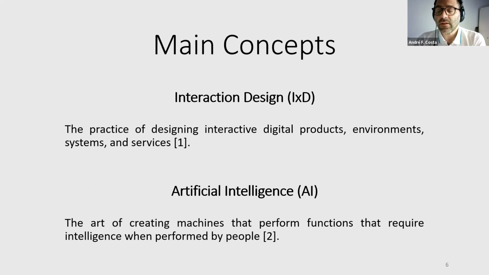As you may know already, we are talking here of two main concepts: interaction design, which is the practice of designing interactive digital products, environments, systems, and services, and of course, artificial intelligence, which can be defined as the art of creating machines that perform functions that require intelligence when performed by people.